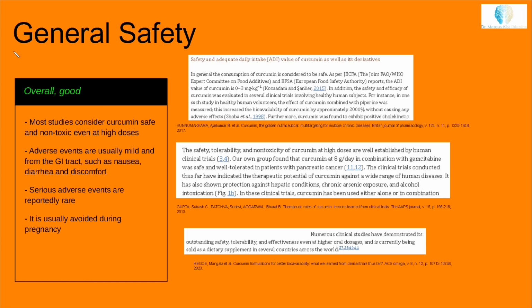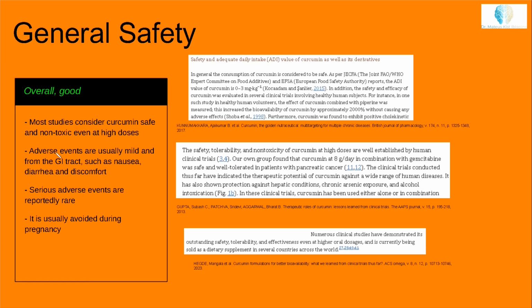So let's talk a little bit about general safety of curcumin. Overall, most studies say that curcumin has a good safety profile. Most studies consider curcumin safe and non-toxic, even when using curcumin at higher doses. We have here some extracts of some different studies. You can pause and read them.